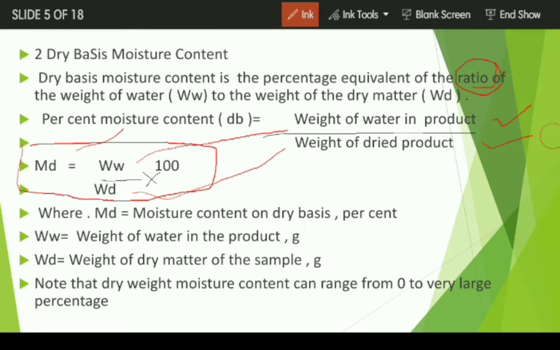All these are represented in grams, and this ratio is in terms of percentage. Note that the dry basis moisture content can range from 0 to a very large percentage.